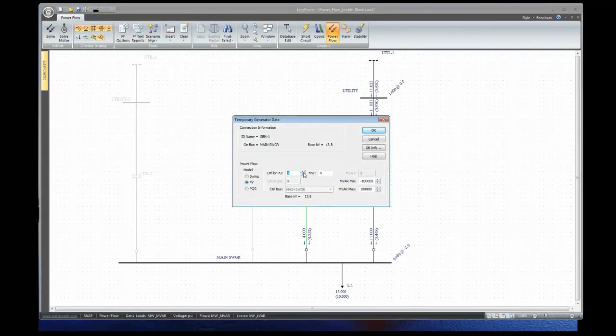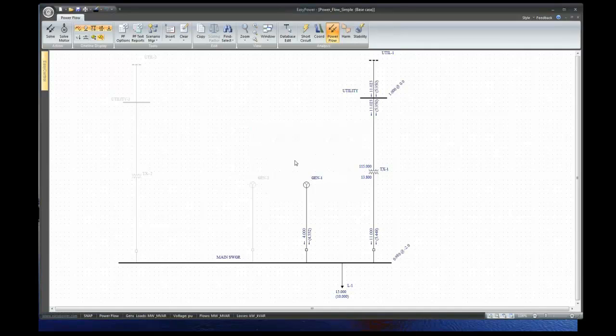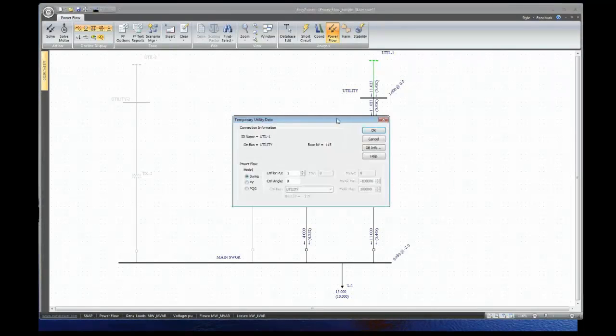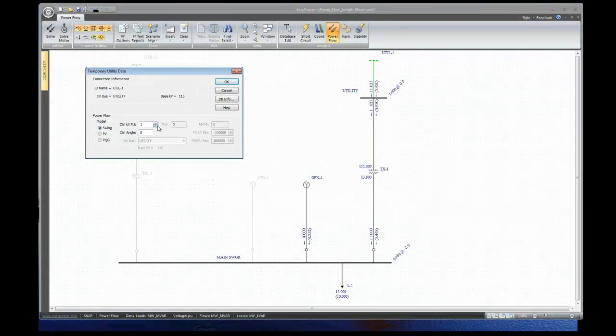So let's say I'll leave it at 0.98. So we'll say we're going to operate that way. What happens when the utility's having a bad day and their voltage goes down? It's not 1 per unit anymore. The utility's allowed an acceptable range of voltage that they can deliver to you, and it's plus or minus 5%, right?